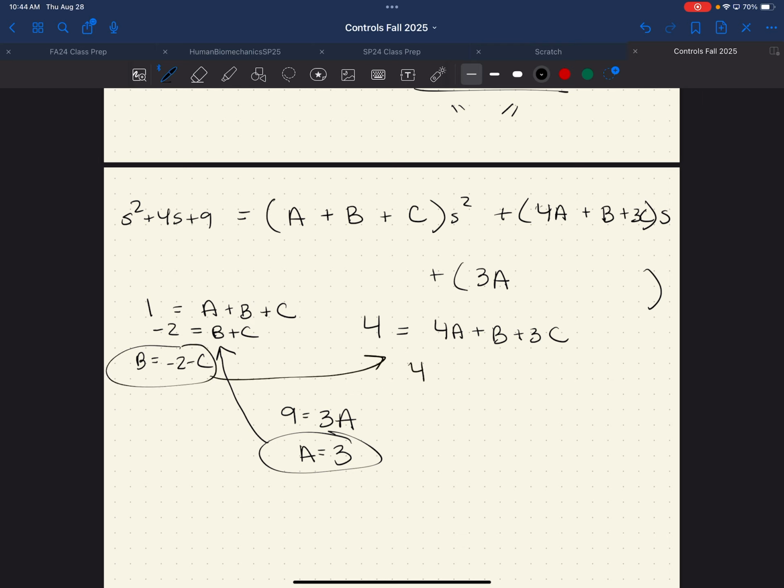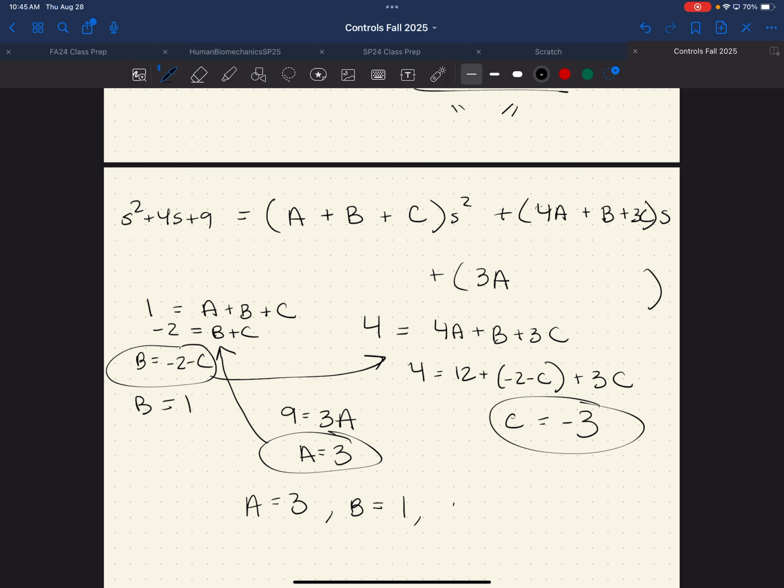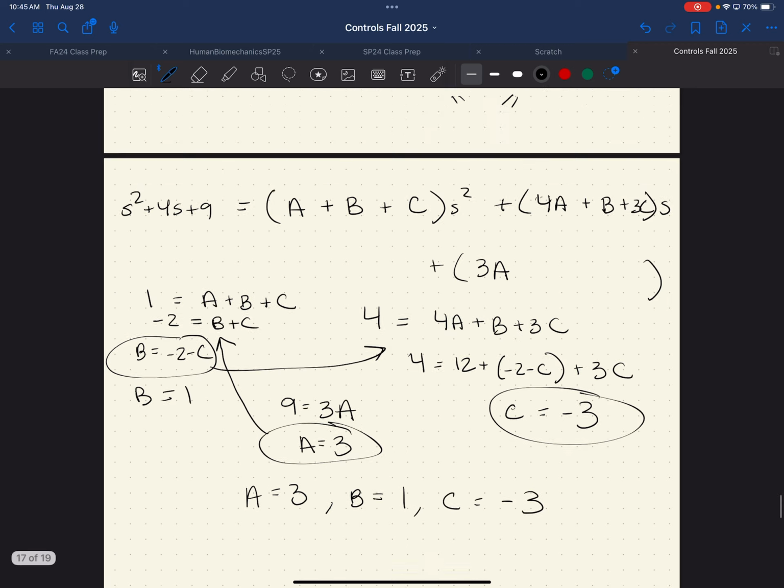Get 4 equals 12 plus minus 2 minus c plus 3c. I can solve for c now. c ends up being minus 3. If I plug that back in here, I get b equals 1. So my solution here is a equals 3, b equals 1, c equals minus 3.